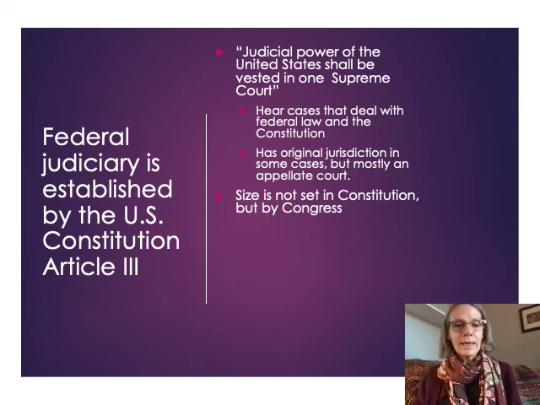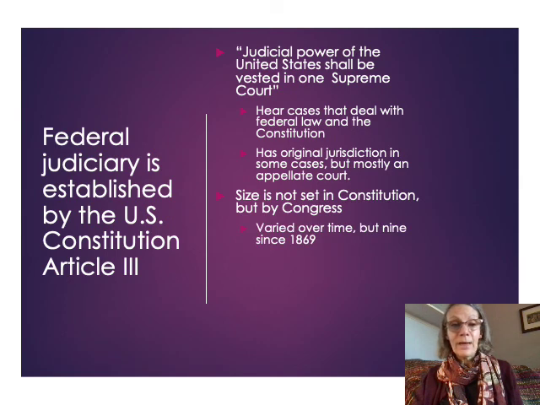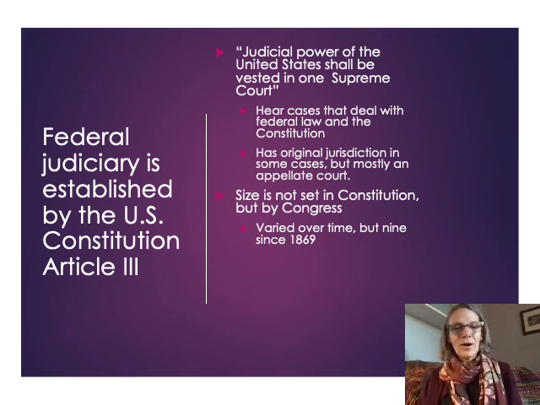It doesn't say 9, it doesn't say 3. The number of justices that serve on the Supreme Court is set by Congress, not the Constitution. It's varied over time, but it's been 9 since 1869. And so it's been 9 Supreme Court justices for a while. We could increase the size of the court.